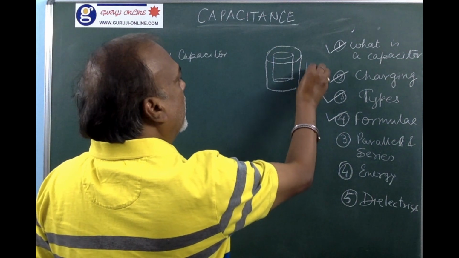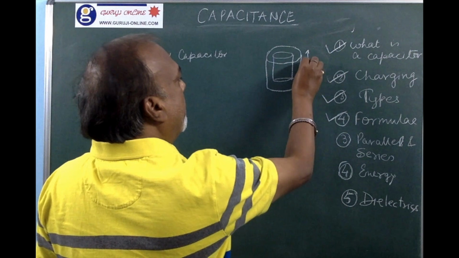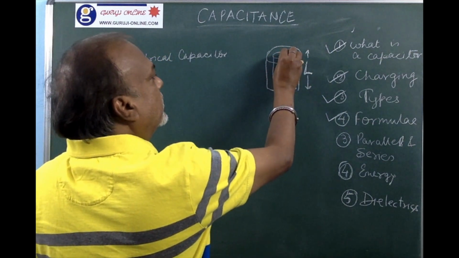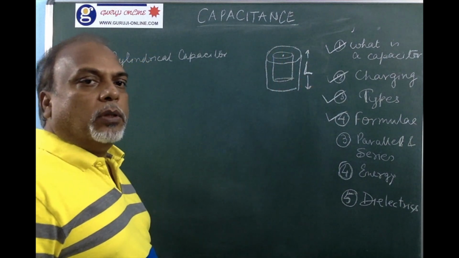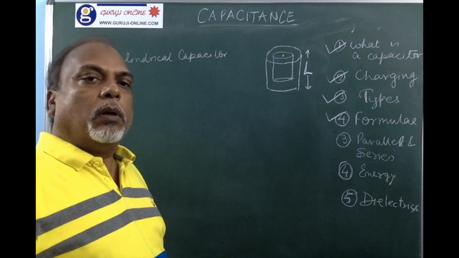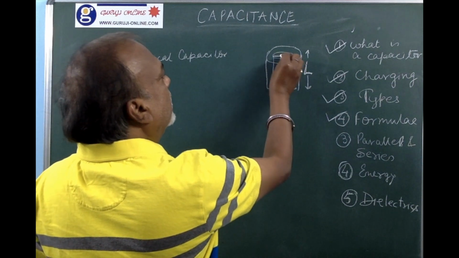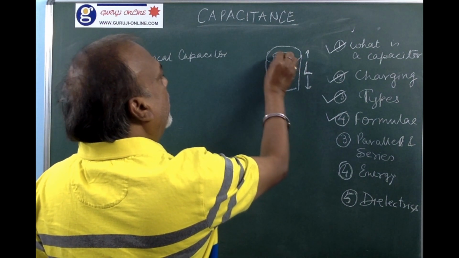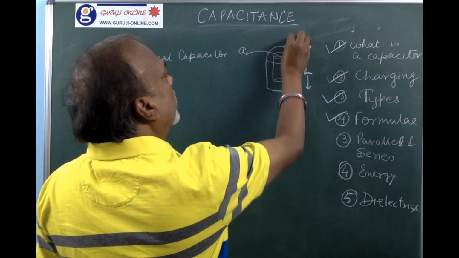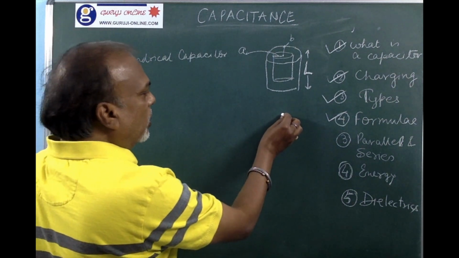Suppose this is of length L, and the inside radius is A, and this outside radius is B. Let us draw the cross section of this.